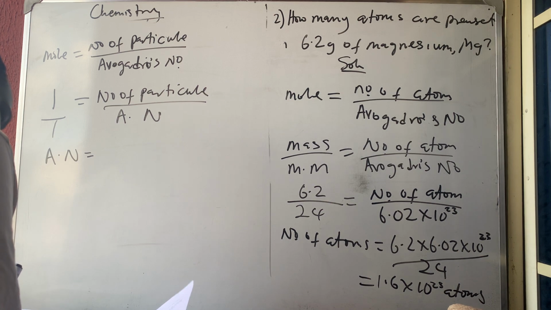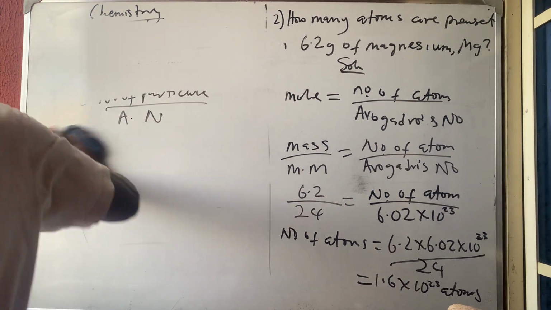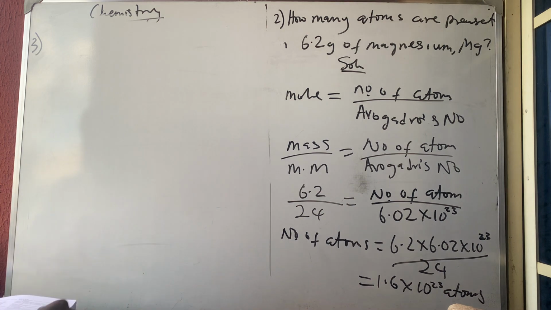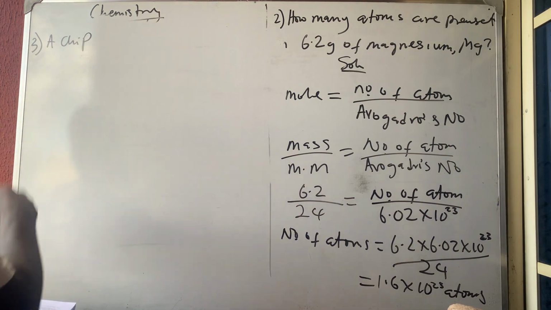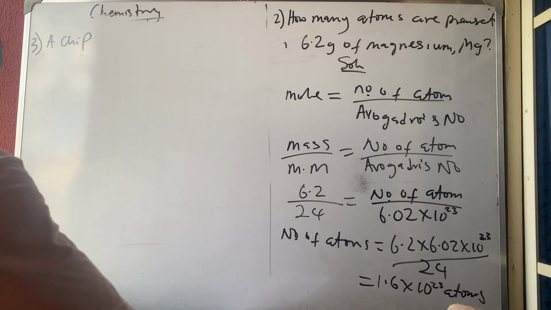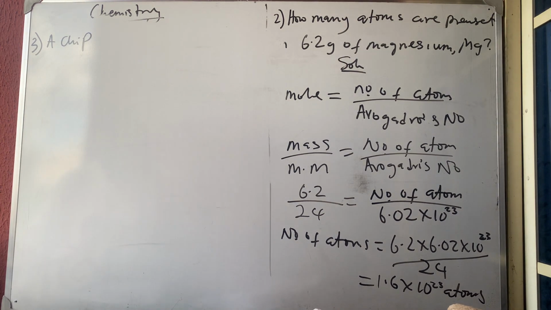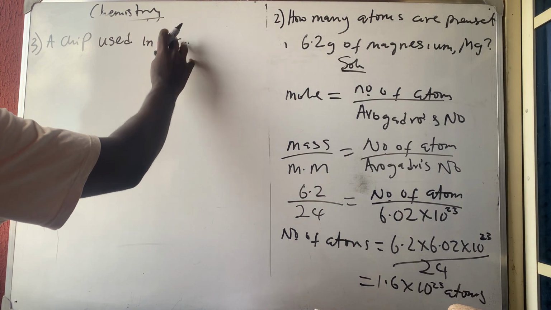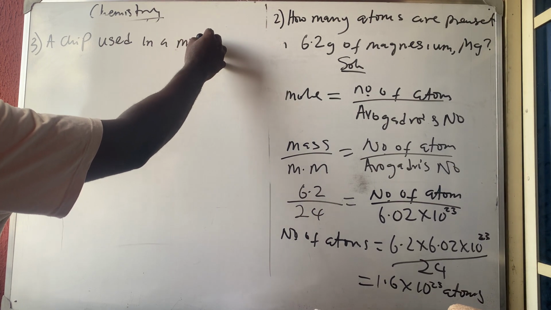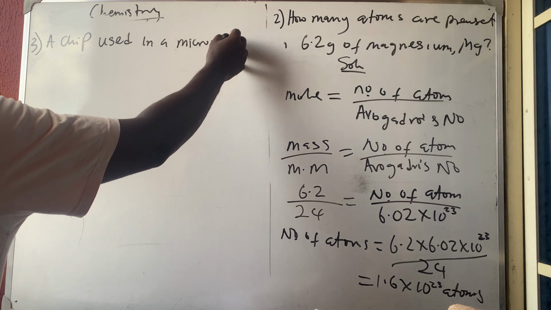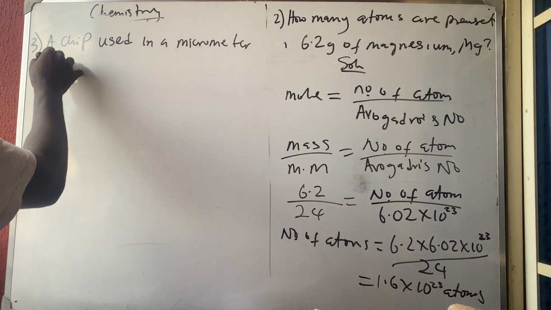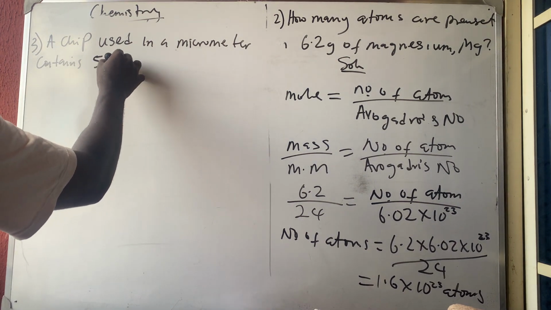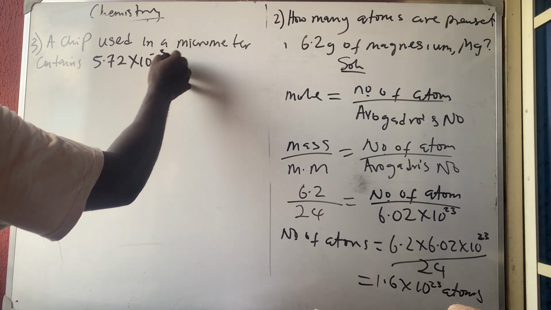The next question, let me write that down. I think question number 3 said a chip used in a microscope micrometer contains 5.72 times 10 raised to the power minus 3 gram of silicon.